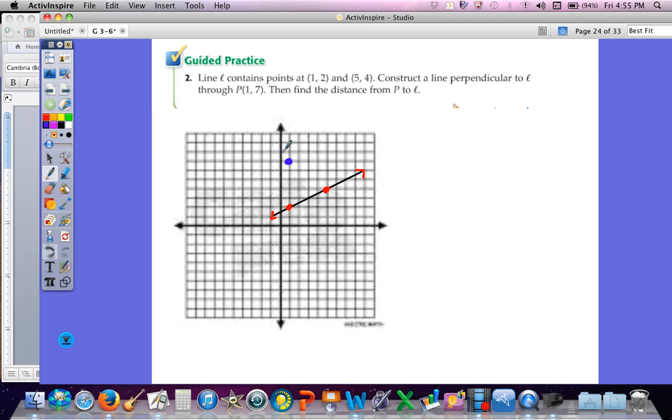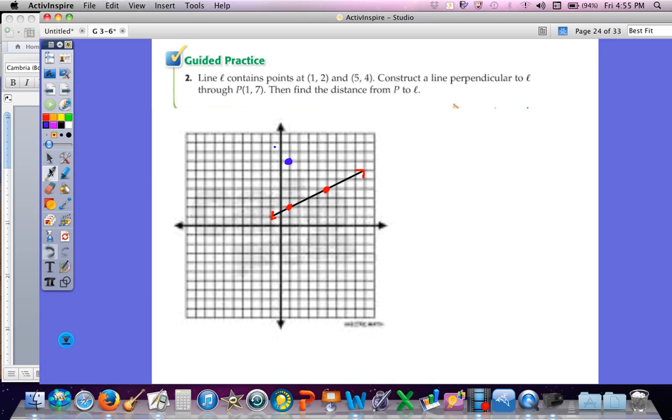We want to create a line going through that that's going to intersect this, and we want to know the distance. So we have to find the point of intersection of this line that we're going to draw here, and then find the distance between the two.